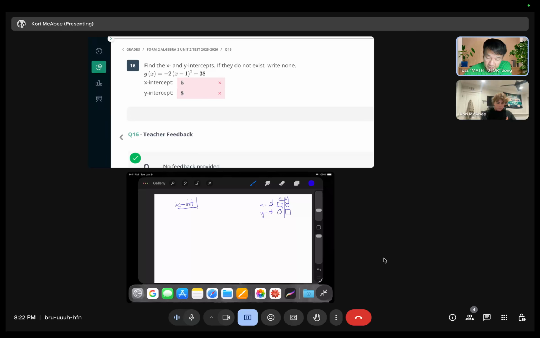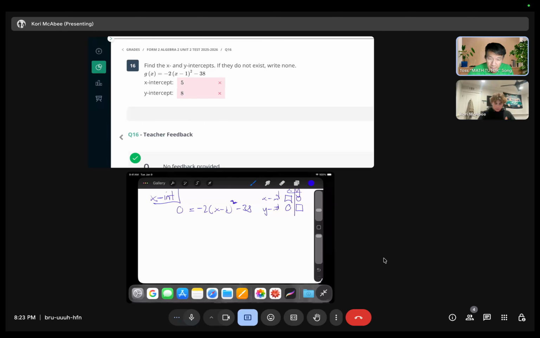For the x-intercept of this one, g of x is y, so it's 0. That's g of x, which is y: negative 2 times (x minus 1) squared minus 38. We're going to solve for x. Add 38 to both sides, so you're left with 38 equals negative 2 times (x minus 1) squared.